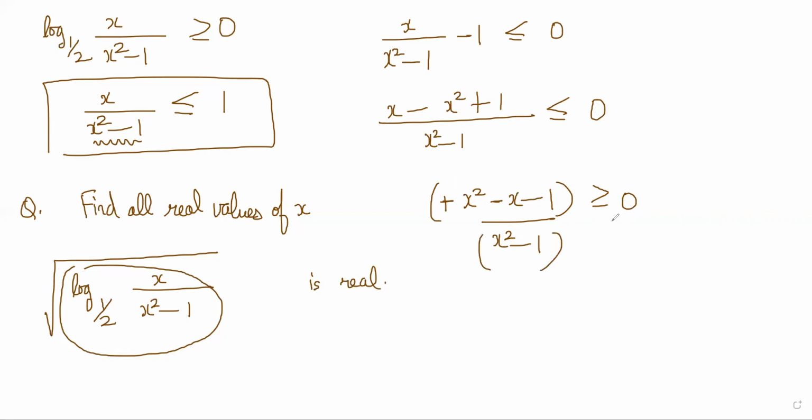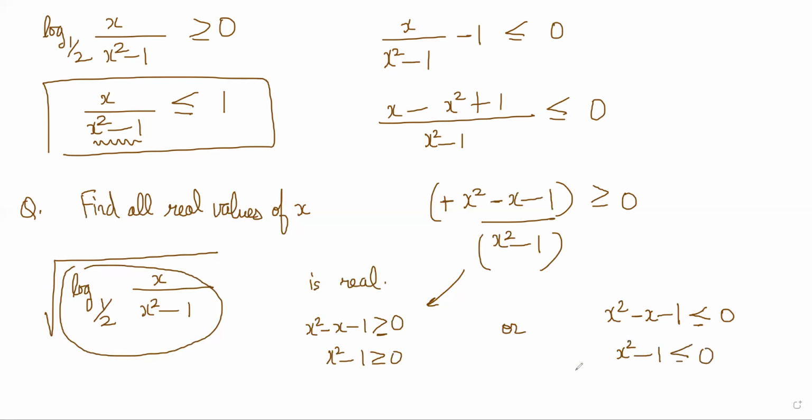Both of them have to be positive together, right? So the inequality becomes either both are positive or both are negative, right? Or the top is 0 and the bottom is not. So it can be greater than or equal to. I mean, the bottom cannot be 0 ever.